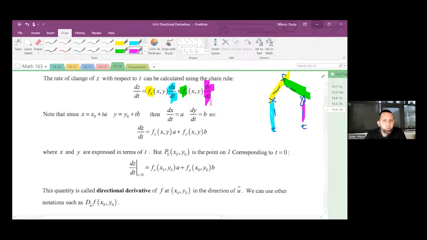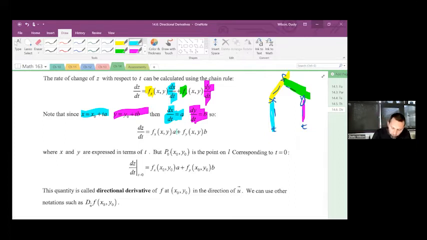And note that since x equals x naught plus ta, and y equals y naught plus tb, then this tells us that our dx dt is equal to a, and our dy dt is equal to b, right? Because of what's given.